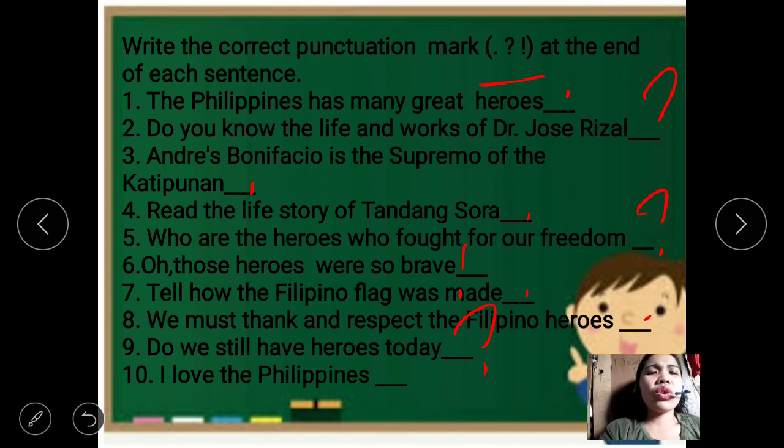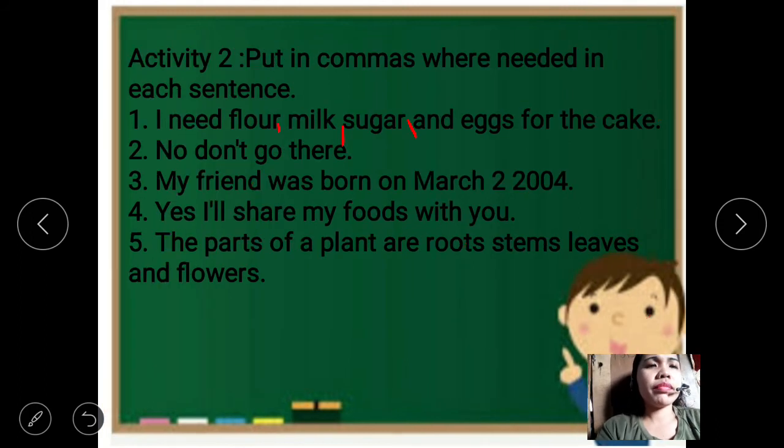Okay, so how do you express or how do you pronounce this group of words? For example, masaya ka. You express it with strong feelings. Kapag ganun, you will use an exclamation point.